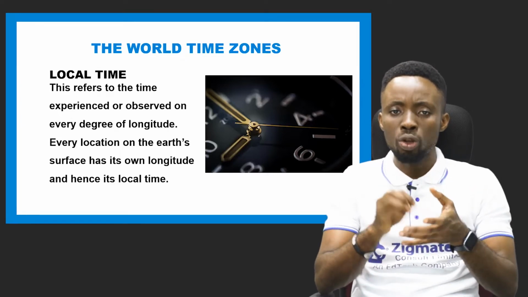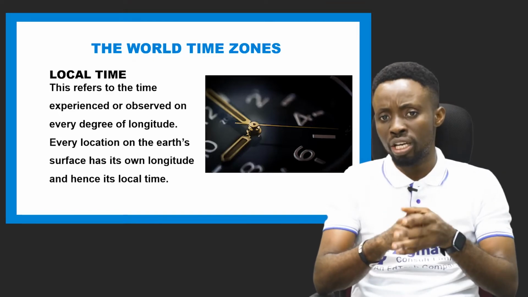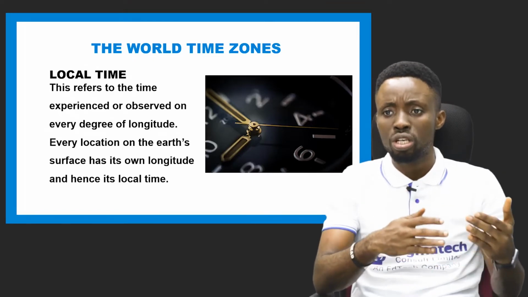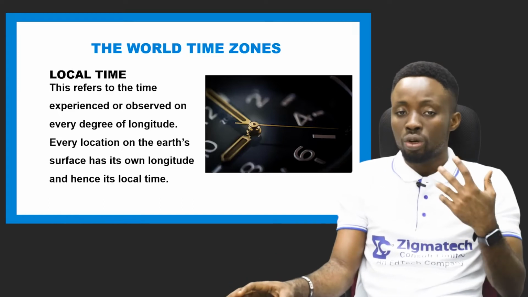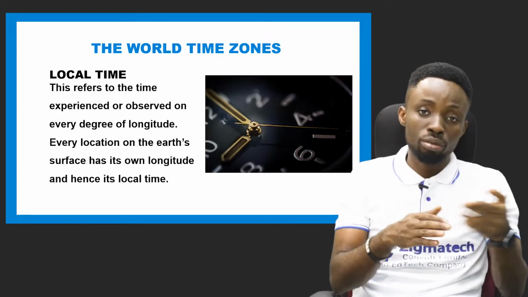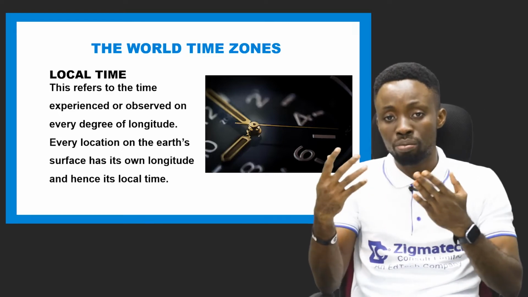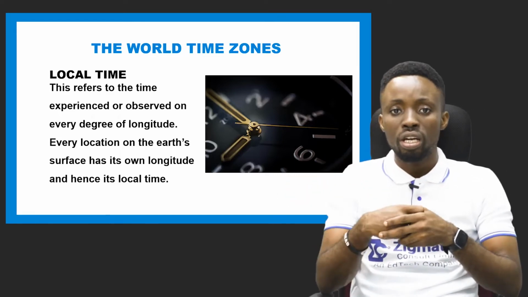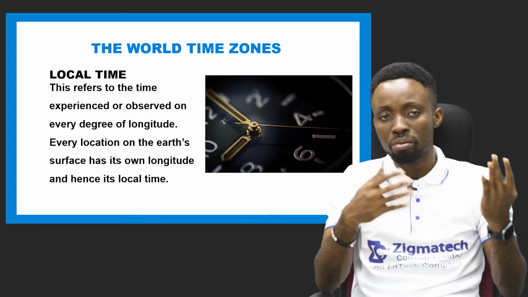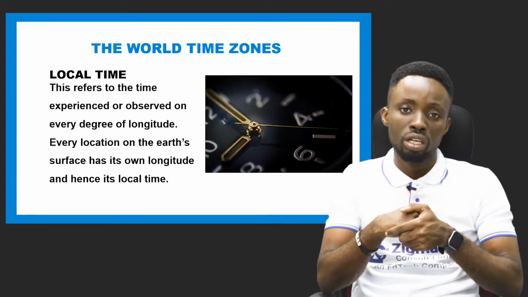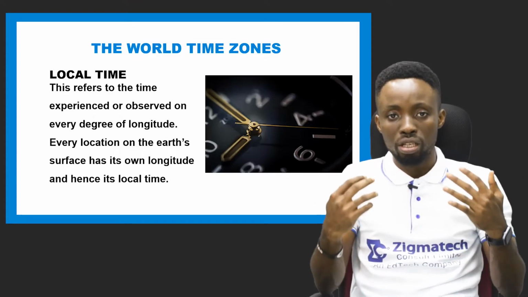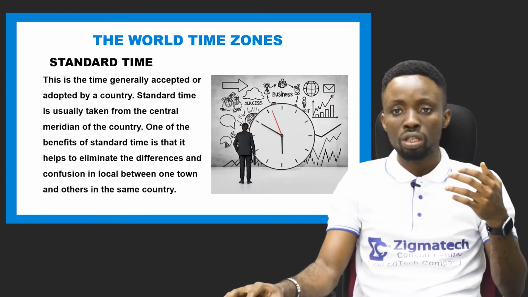So every location or every degree of longitude on the Earth's surface has its own local time. So the local time in Port Harcourt is different from the local time in Lagos. The local time in Lagos is different from the local time in Taraba State, and the local time possibly in Ibadan is different from the local time in Plateau State. Now that's for the local time.